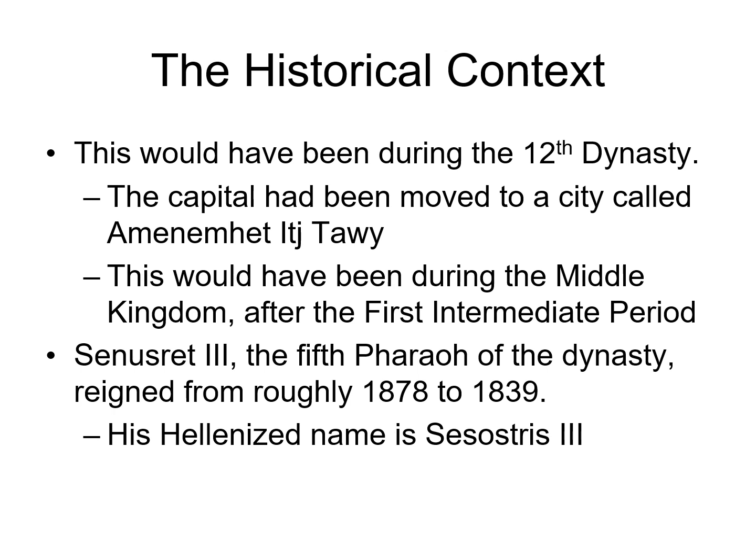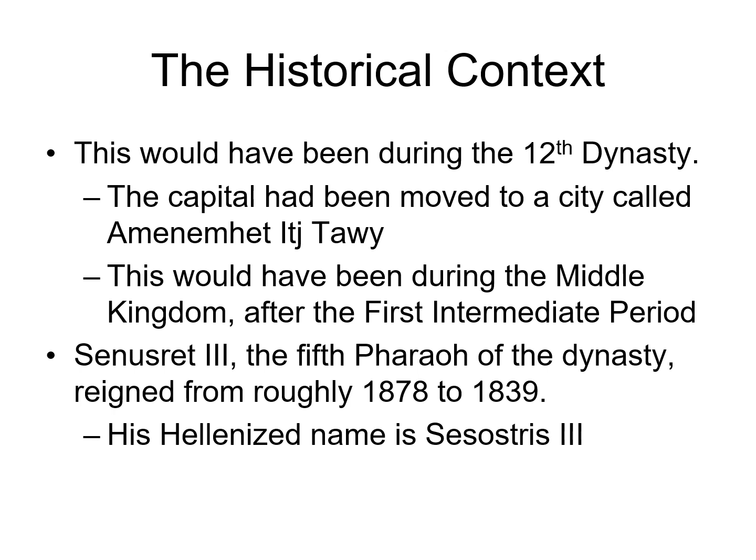The capital had just been moved to a city called Amenemhet Ichtawi. This would have been during the Middle Kingdom after the first intermediate period. The details of his reign seem to fit pretty well with the details that the Bible tells us.